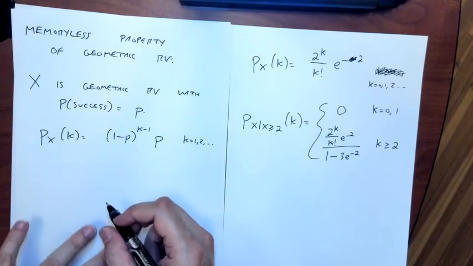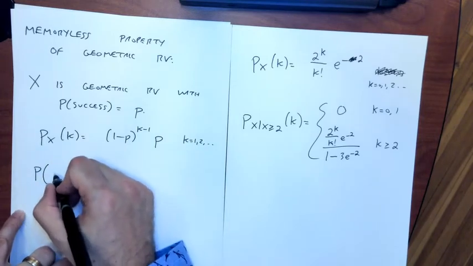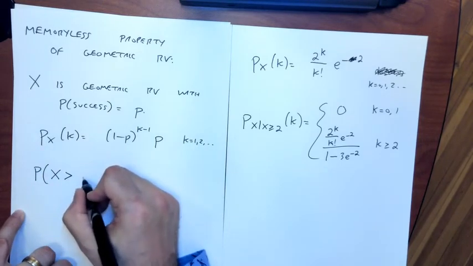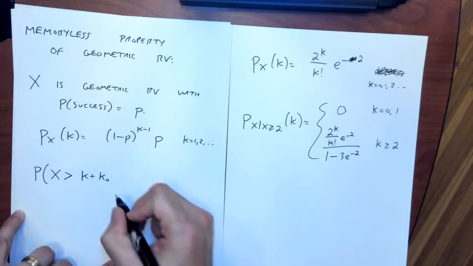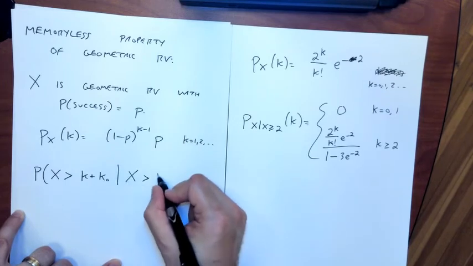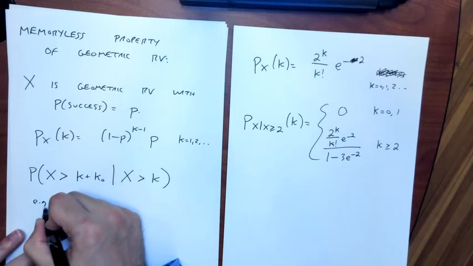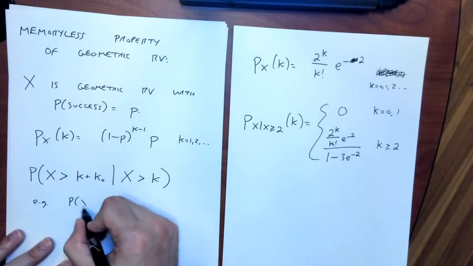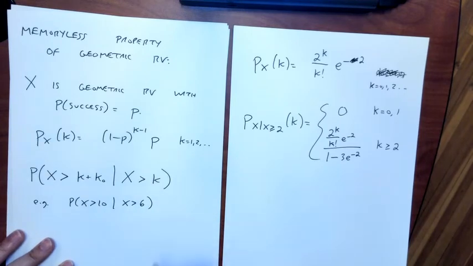Now I want to know, what is the probability that X is greater than some number of flips, given that I told you it's already greater than this number? For example, what's the probability that X is greater than 10, given that X is greater than 6?